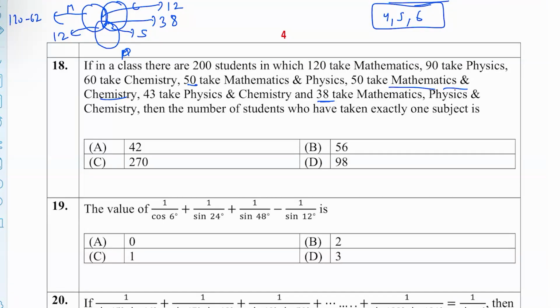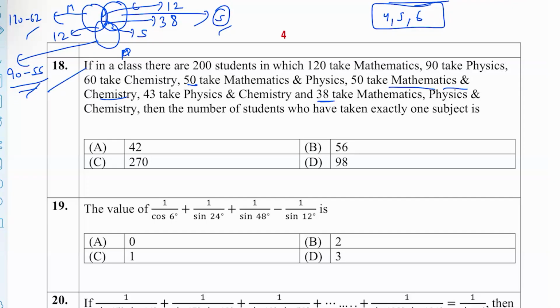So 12 plus 5, 17 plus 38, so 90 minus 55 is taking physics only. And chemistry, how many are taking? Chemistry is taking a total of 60. Out of that, we have to remove 12 plus 38 plus 5. So here it will be 5. Just add these three and you will get the answer.